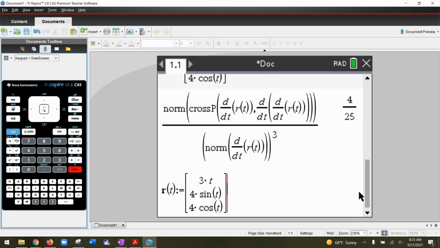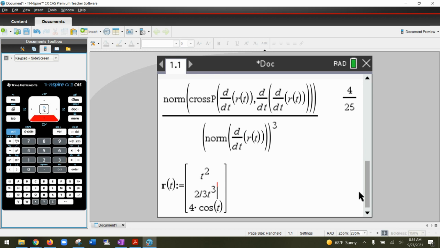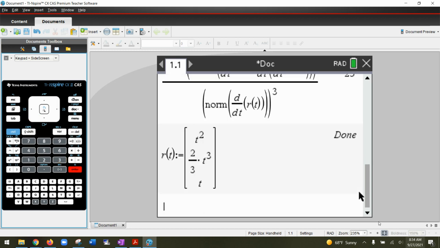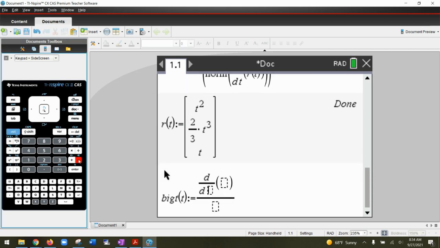Okay, so we will define our function as t squared, 2/3 t cubed, and t. So big T of t is defined as the derivative r prime of t on top over the magnitude of the derivative.